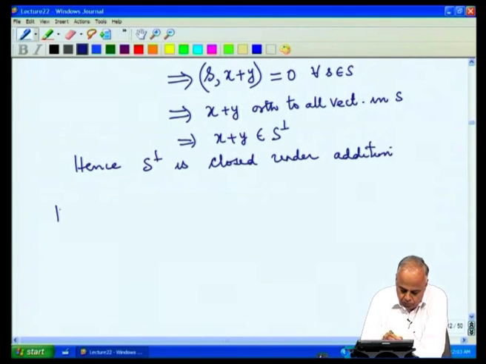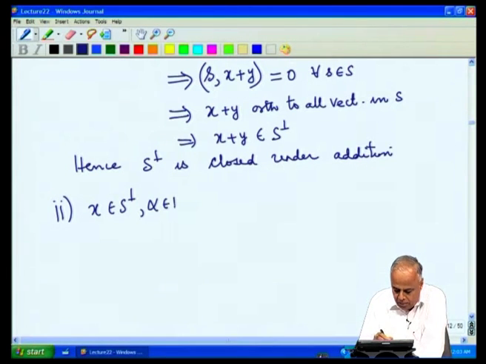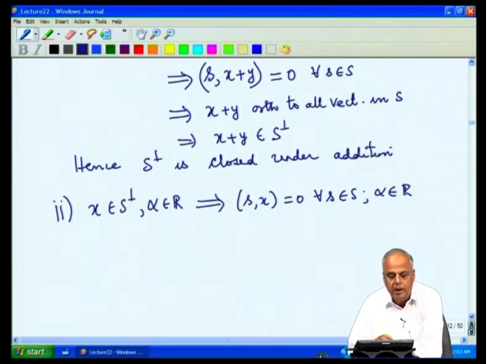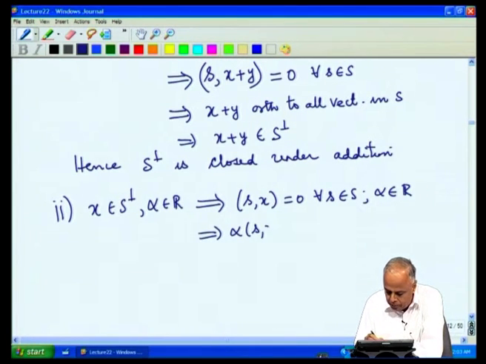Two, we now have to check whether it is closed under scalar multiplication. We are given x in S perp and alpha a real number. What does that imply? x in S perp again says x must be orthogonal to all the vectors in S, and alpha is in R. Now, <s, x> is a real number and alpha is a real number, so we can multiply, and on the right hand side we get alpha times 0, which is 0.